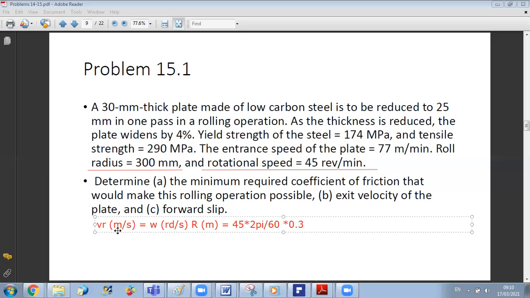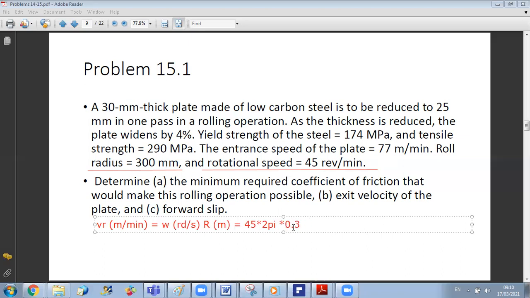But if you do this for VR, you should pay attention also for V final to have the same unit. Since V final was calculated in meters per minute, to convert it to meters per second, you divide by 60. Or if you wish to keep V final in meters per minute, then to have VR in meters per minute, you don't divide by 60 here.